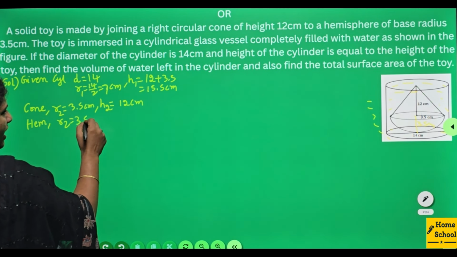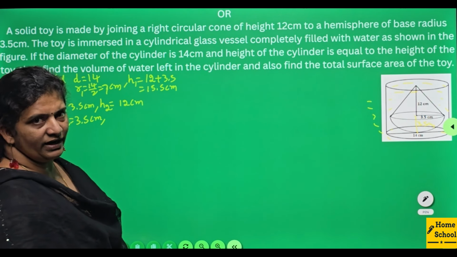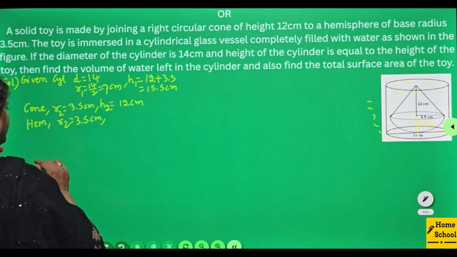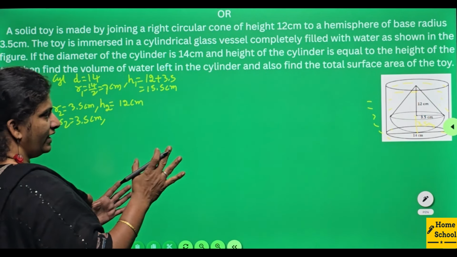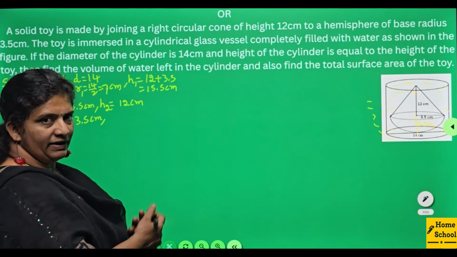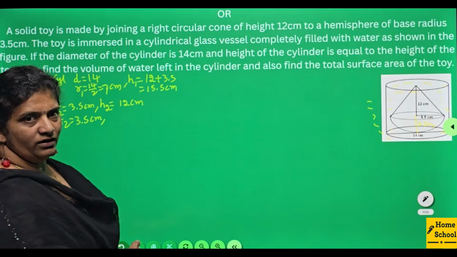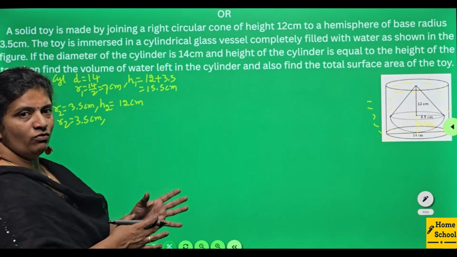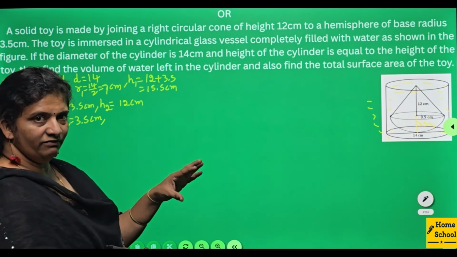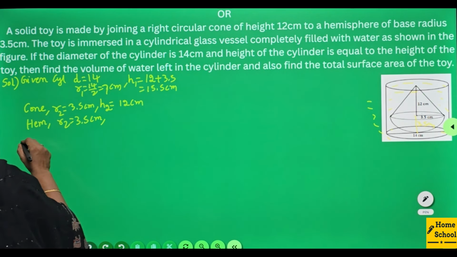That is also R2, 3.5 centimeters. And no need of finding height for hemisphere. That's it. In order to find volume of water remained, we will find the volume of all the solids separately.